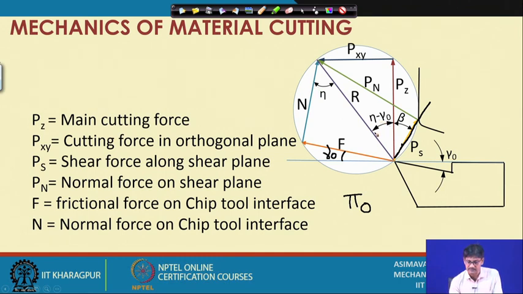This angle is equal to eta minus gamma O. Eta is this angle. And this angle is 90 degrees minus eta. So, let us write down 90 minus eta.